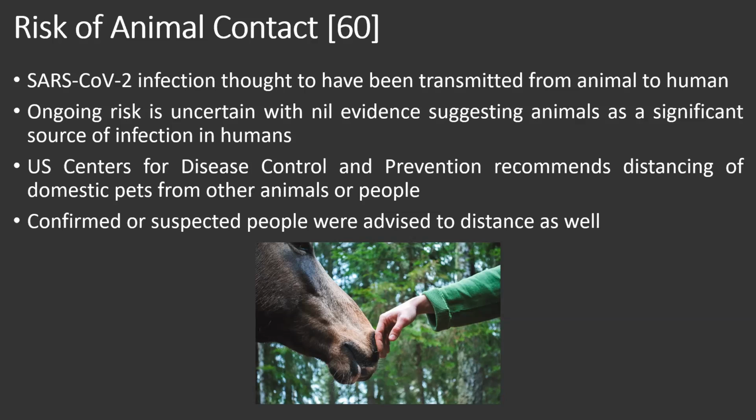With the uncertainty about the transmission risk and the apparent susceptibility of some animals to SARS-CoV-2 infection, it was recommended by the United States Centers for Disease Control and Prevention that personal pets be kept distant from other animals or external people. And additionally, people with confirmed or suspected COVID-19 were advised to stay away from household pets and household members for the duration of their self-isolation period. To my knowledge, there have been no reported incidences of domesticated animals transmitting SARS-CoV-2 infection directly to humans.